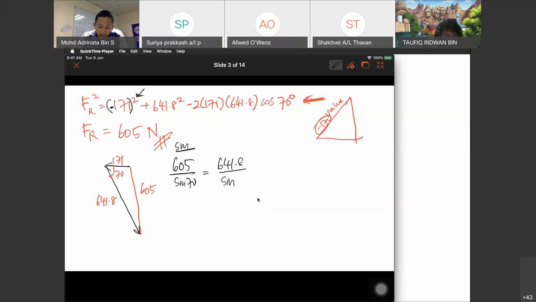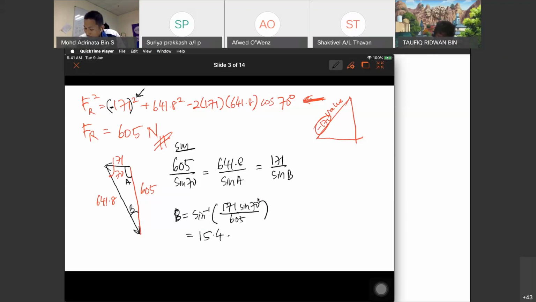Okay, we called it as, this one is A, this one is B. Sine A equals to 171 over sine B. Okay, so sine B is equals to 171 sine 70 over 605. Okay, try calculate. 171 sine 70 over 605. 15.4. Okay, B is 15.4.